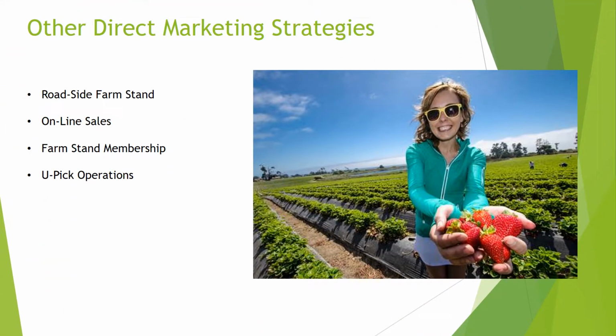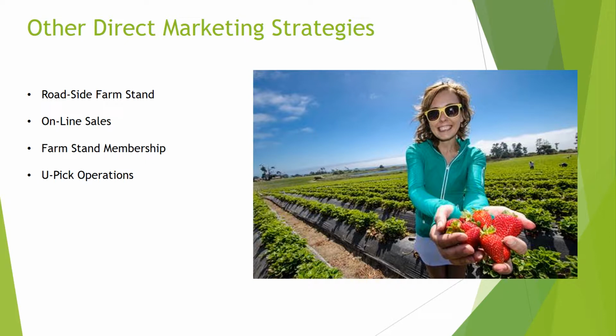As mentioned, there's a lot of other direct marketing strategies to consider. There's roadside farm stands we see around the island. Also doing online sales is another opportunity. Having a farm stand membership, so similar to a CSA, but where you have members who show up to your farm stand on a weekly basis and maybe have a little more variety of products that they can pick versus just getting what goes into a CSA bag.